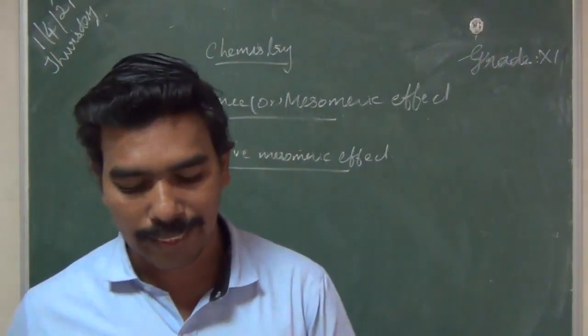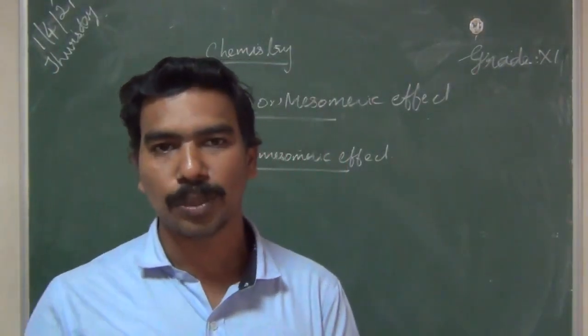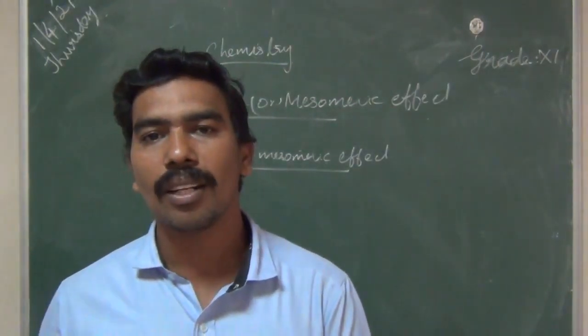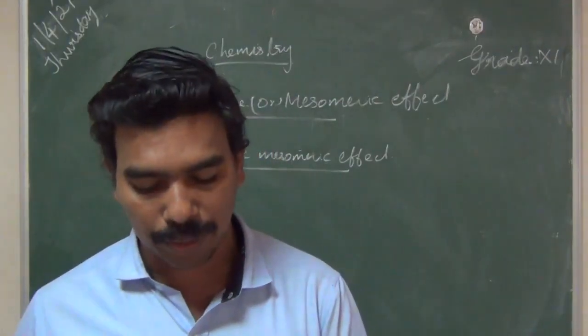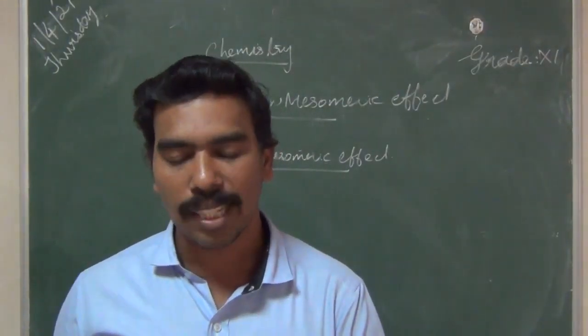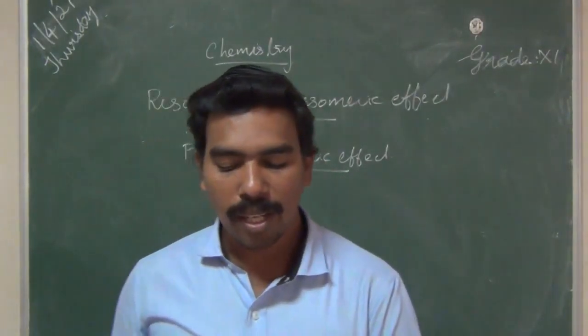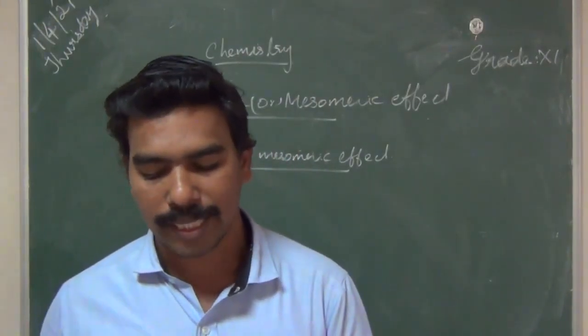Here are the three conditions. First, the electron moves away from the substituent. Second condition, the substituent is electron releasing, that is, the tendency of the substituent is to release electrons. Examples are the hydroxide group, thio group, then amine group, etc.